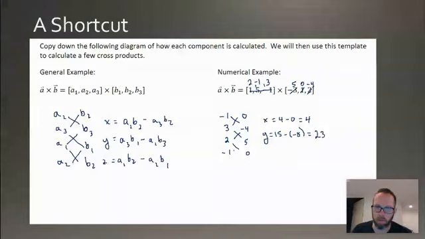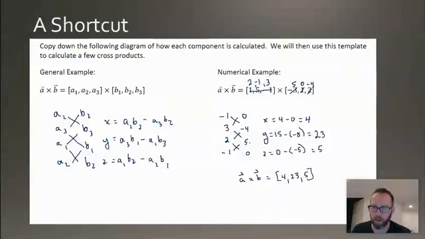And then 0 minus -5 gives me 5. So the cross product of these two vectors is 4, 23, 5. But I'm sure that some of you guys, after writing out this little vertical array, could have just gone right to your answer. And that's it.